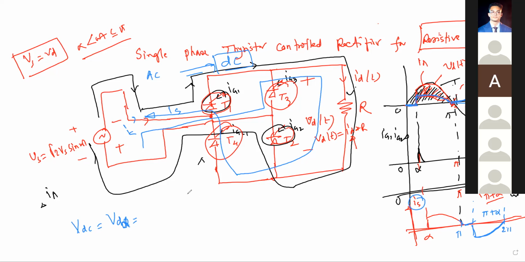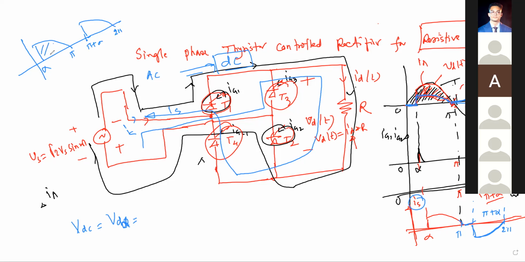So the output voltage wave shape will be like this. This is your alpha, this is your pi, this is pi plus alpha, and this is your twice pi, right? So how can I get the average value?